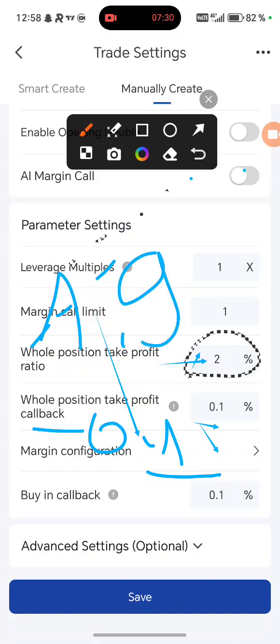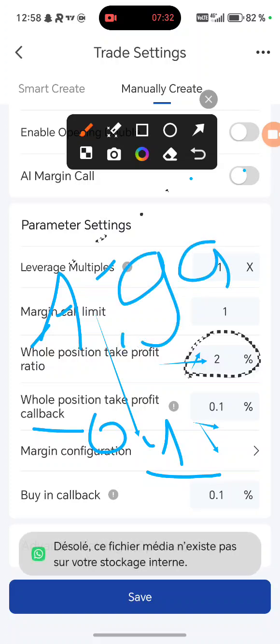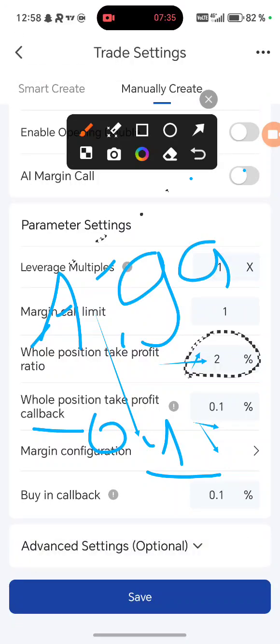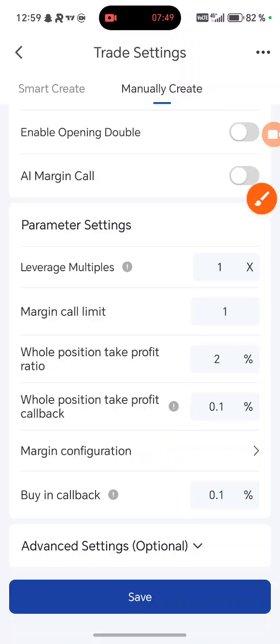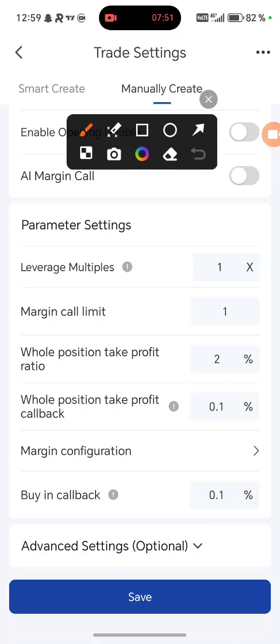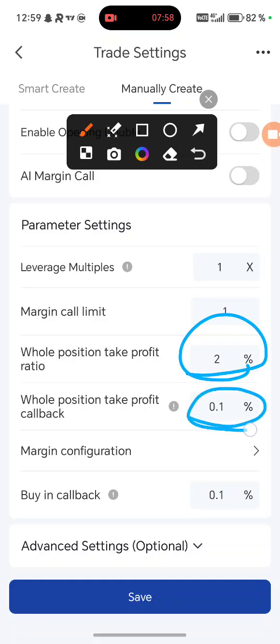So you are going to make in real time 1.90%. You are not going to make 2%. But if the price of the coin goes higher than 2%, then you are going to make more than the 2%. But before the robot sells, it will deduct this 0.1 from whatever percentage the robot has given to you.